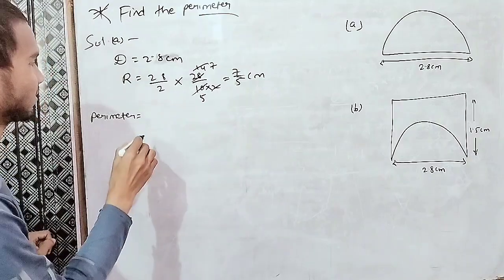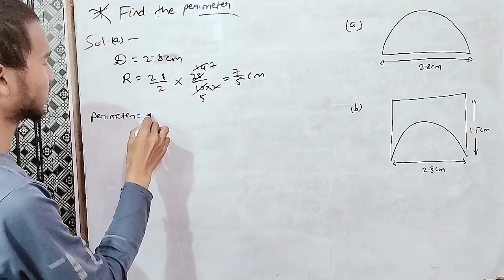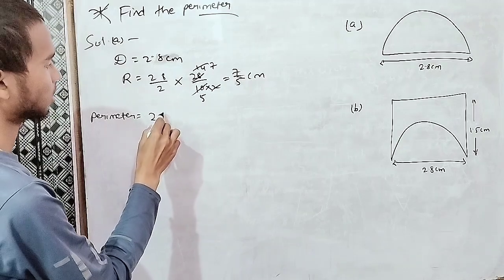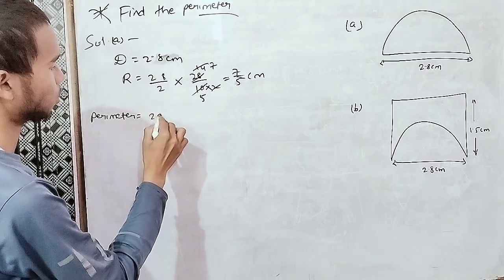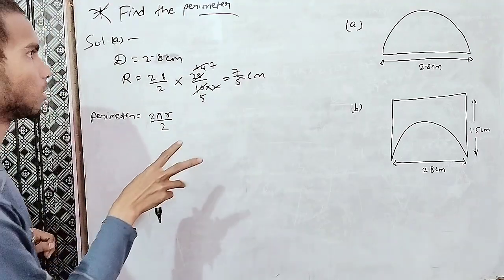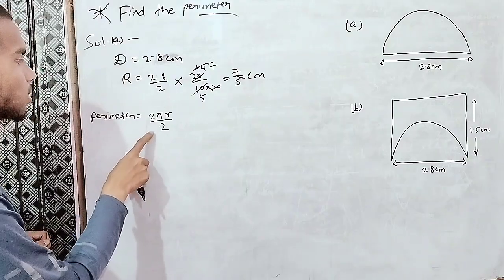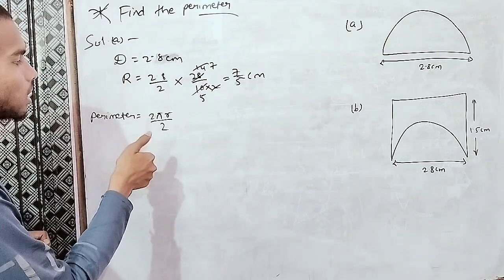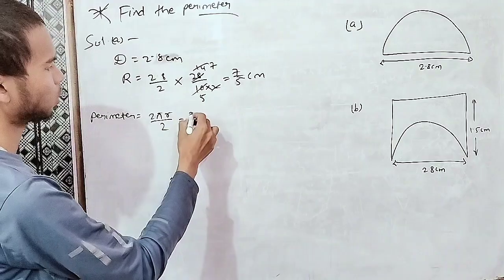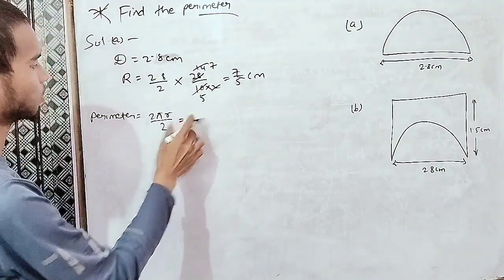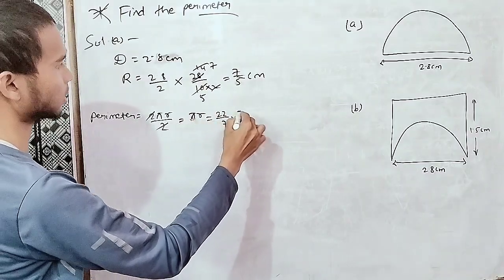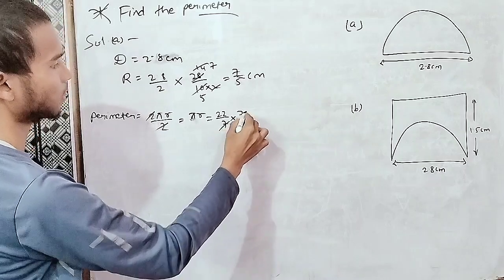So let's apply the formula. We will add two pi r by 2. We have a semicircle. This is how we present the formula of a semicircle. Here of course the two will get cancelled. Pi is 22 by 7, and 7 by 5. 7 will get cancelled out.